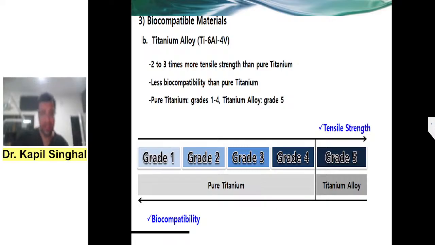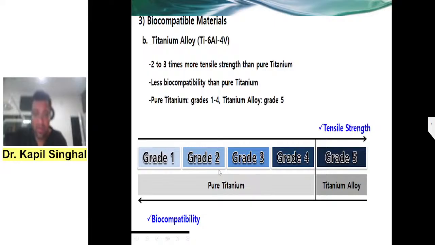As the grade of titanium increases, the strength increases, but the biocompatibility reduces. So it means we need a grade of titanium that has good strength also and good biocompatibility also. So that is why most of the implants are made up of grade 4 titanium, because it has a good mixture of good strength and good biocompatibility.